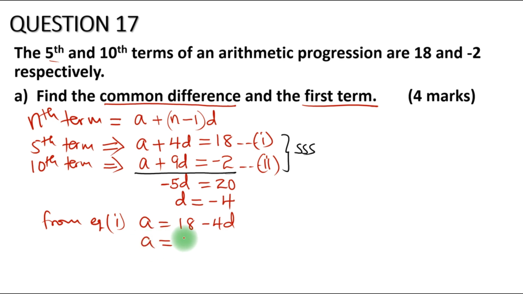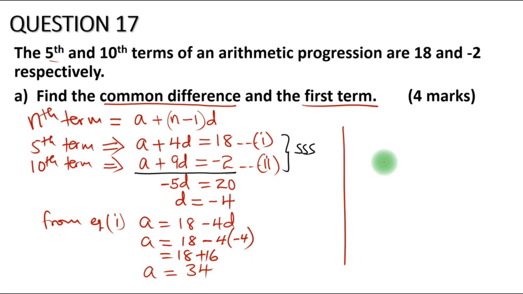So a will be equal to 18 minus 4 multiplied by d, which is -4. Therefore that is 18 plus 16, so a is equal to 34. So in other words, the first term is 34 and the common difference is -4. So that's part A of the question.